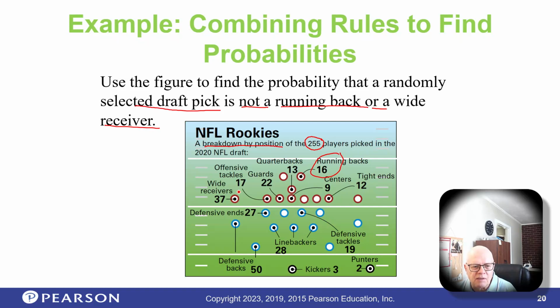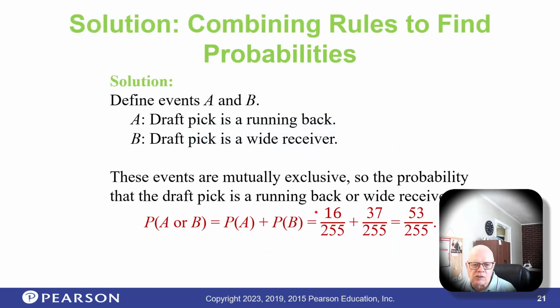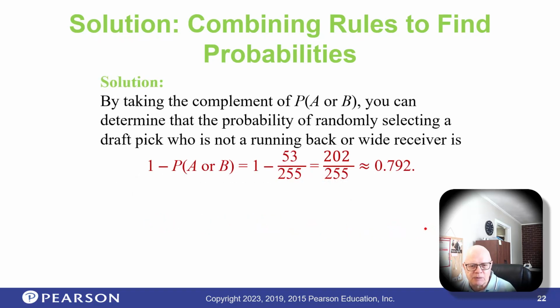And the wide receivers, they're out here. There's 37 of those, but notice they're separate. So the probability of picking a running back is 16 over 255, all the people drafted, plus 37 wide receivers picked out of 255. Add those together, 53 out of 255, and you can change that into a decimal.